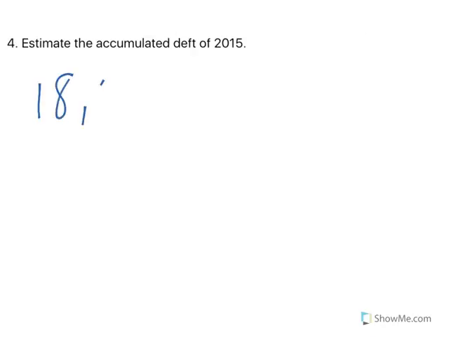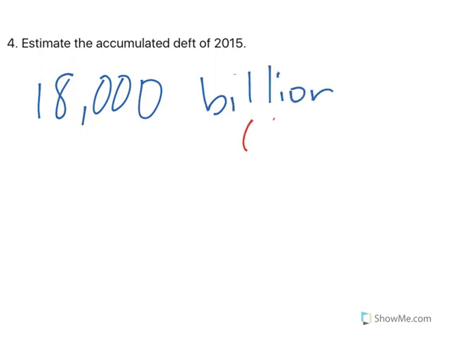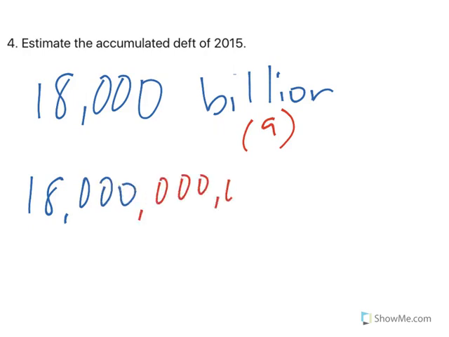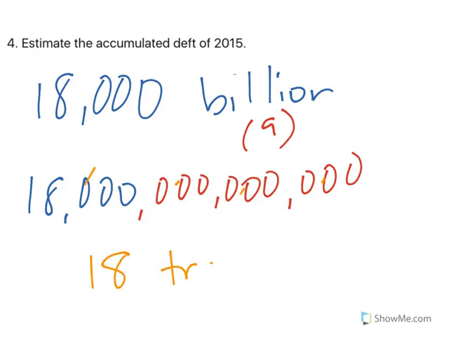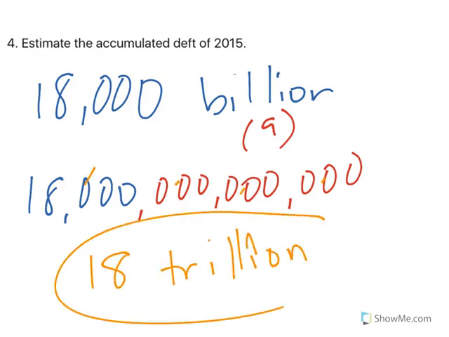Billion, don't forget, means 9 zeros. So 18,000, add 9 more zeros, and I now have 3, 6, 9, 12 zeros, so this is like 18 trillion. Based off this chart, in 2015 we had roughly $18 trillion in debt. Gross.